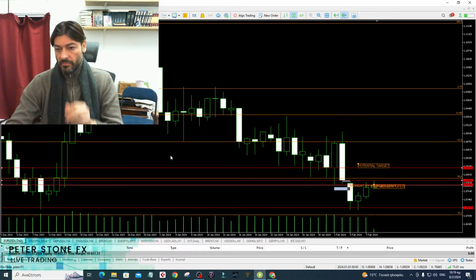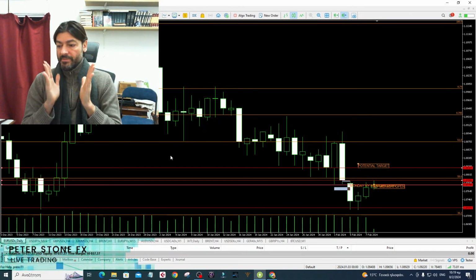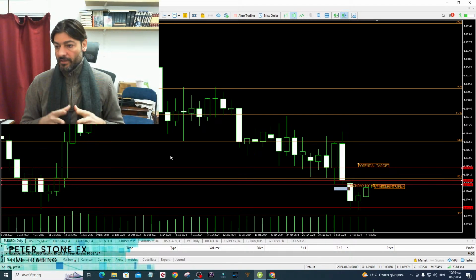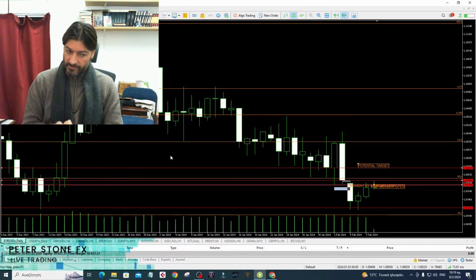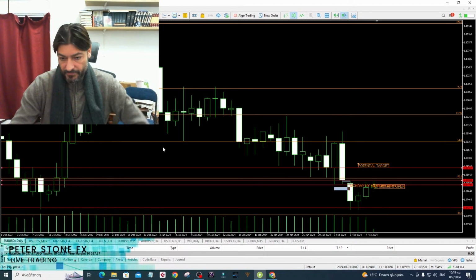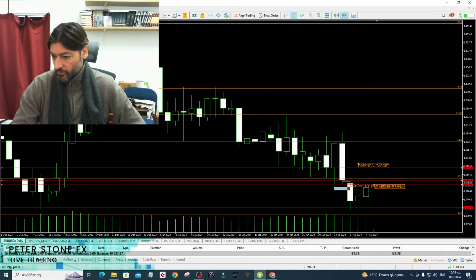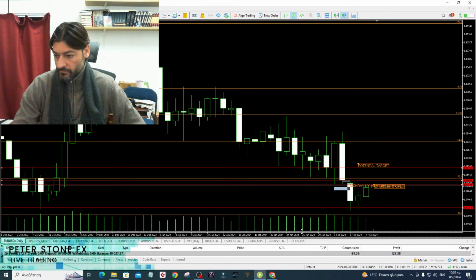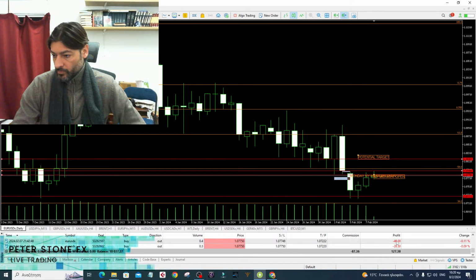So yesterday I made a mistake and I paid for it. I traded in the afternoon, where my trading rules suggest that I shouldn't, and I paid for it. So we had a big loss yesterday afternoon. Even so, I am still in profit in the challenge. I had two positions here, so it's almost 74 euros, but it's okay.